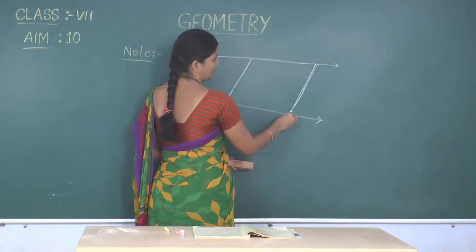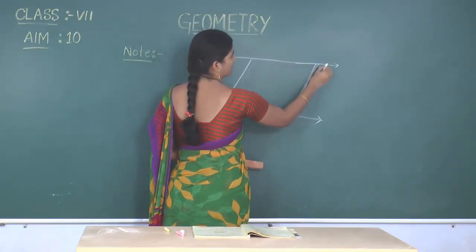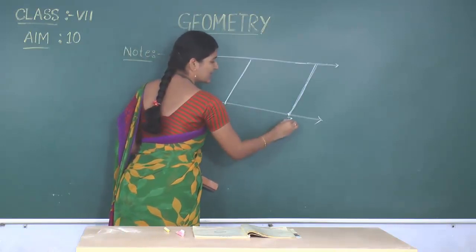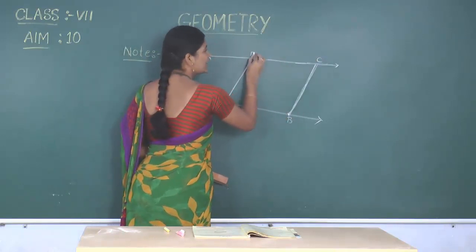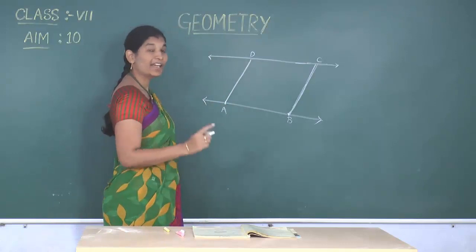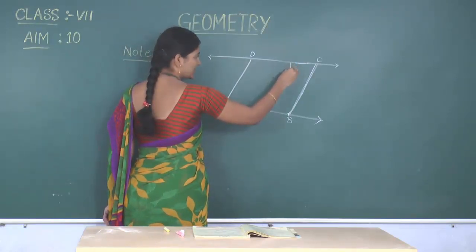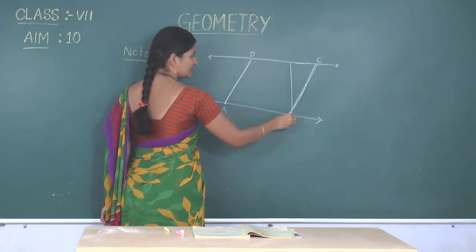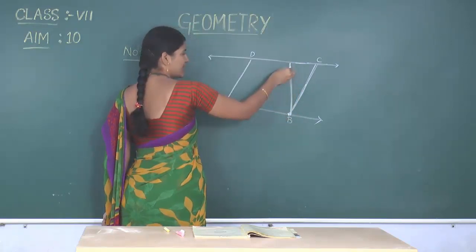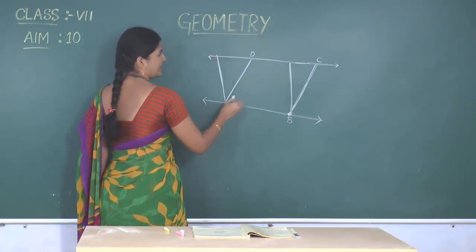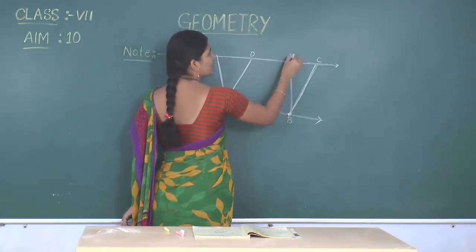Let me give the name, ABCD is a parallelogram. And let me take one more parallelogram here, with the same base, ABEF.